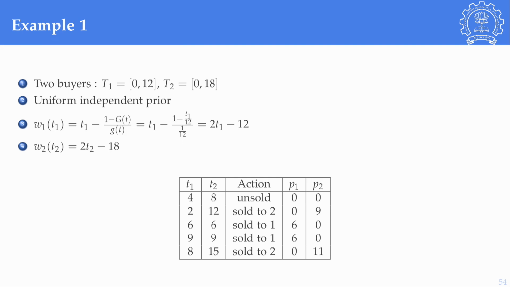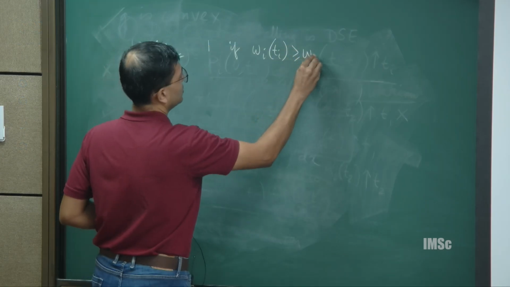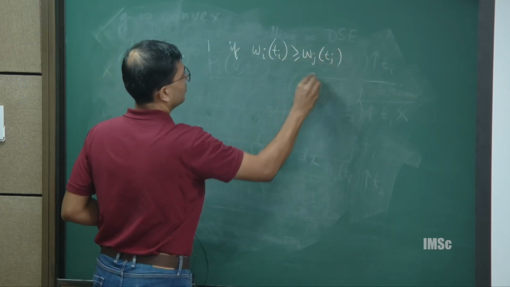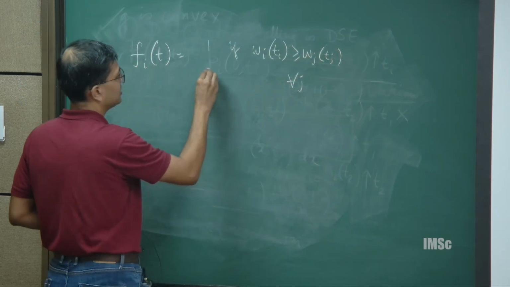So, what is the optimal mechanism? The optimal mechanism will first do the allocation, and the allocation rule is: phi_i of t is 1 if Wi of Ti is greater than or equal to Wj of Tj for all j, 0 otherwise.